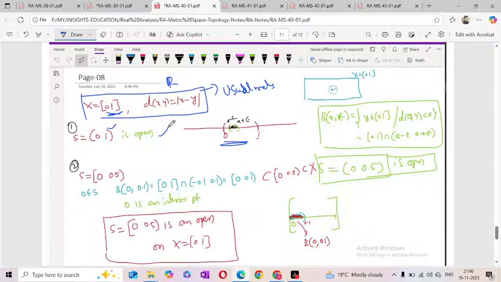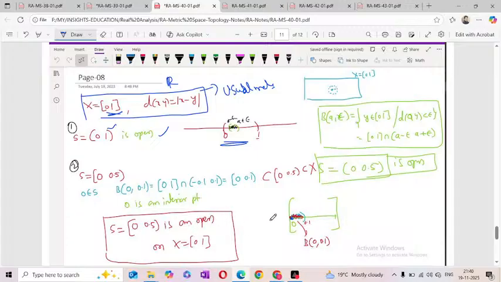Now the same, I am taking S is equal to semi-closed, that means closed 0 and open 0.5. Now observe here, and now I am asking, is 0 an interior point?